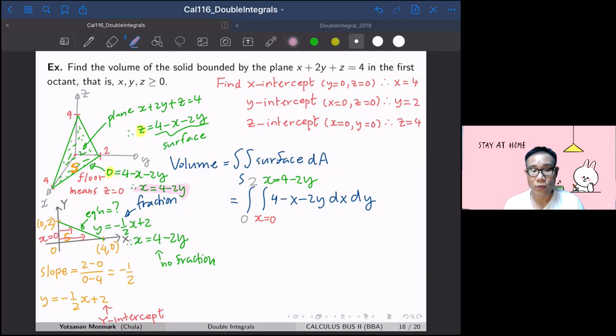I ask you to compute this one for me, and I will give you the number. This will be 16 over 3. Please calculate for me. I will show you when we have the recitation.